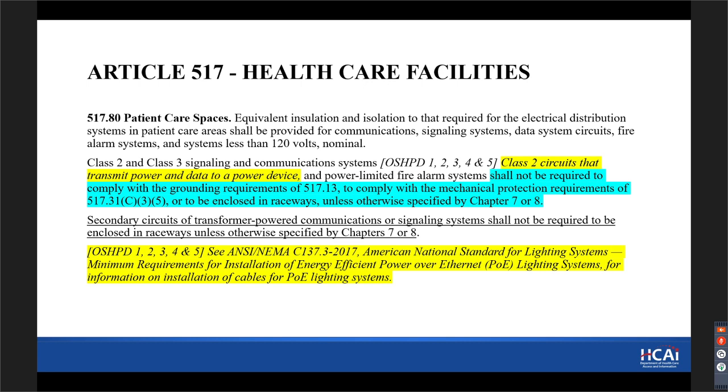It doesn't appear that that's what this code is saying. It says Class 2 circuits that transmit power and data. So it doesn't sound like that meets this definition. So no, but it's something I can certainly look into. Thank you, Jamie.